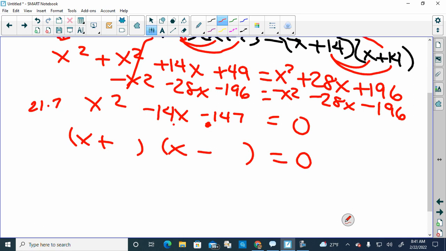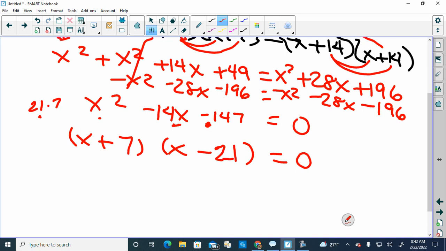The second one. So whatever the sign of your second term is, that's where you're going to put your larger number. If this was a positive, then I would put it behind the positive, but it's not. It's a negative, so that means the 21 goes behind the negative, and the 7 goes to this one. So we put the larger number behind the sign of your second term.